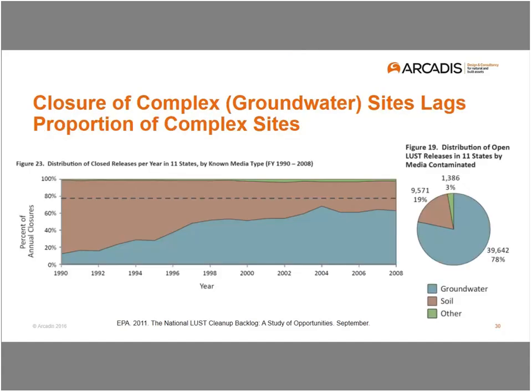So we can even look here at kind of the trends over time. This was the distribution of open cases in 11 states, and 78% of those cases were groundwater cases, and those are probably the most complex cases. But you can see here that the percentage of cases being closed that were groundwater cases fell below that 78% threshold, even in 2008, and we were doing much better in 2008 than we were in 1990.